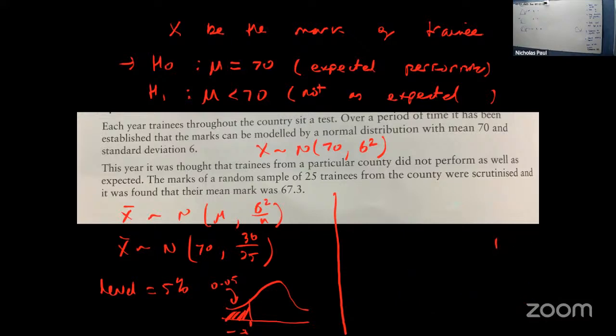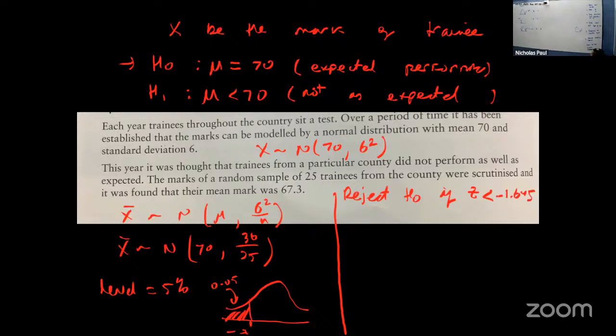So what is our critical region? The critical region is we reject H naught if our Z value is less than minus 1.645. Less than, right?